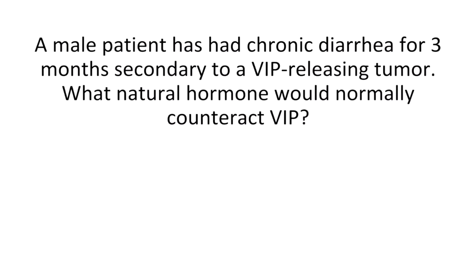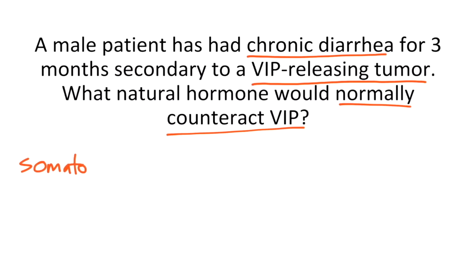A male patient has had chronic diarrhea for 3 months secondary to a VIP releasing tumor. What natural hormone would normally counteract VIP? The hormone that would normally counteract VIP is somatostatin. So you just remember what hormone inhibits everything? It's somatostatin.